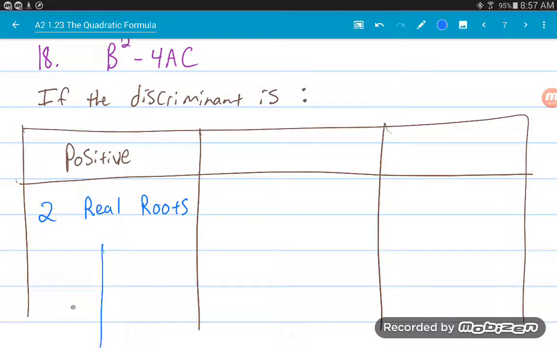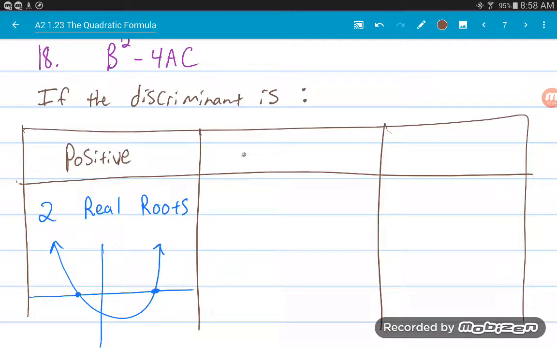That means essentially that the graph of your function crosses in 2 places. That's what 2 real roots looks like. I'm going slow so that everybody has a chance to copy it down. If I move on and people are still copying, you can just pause.